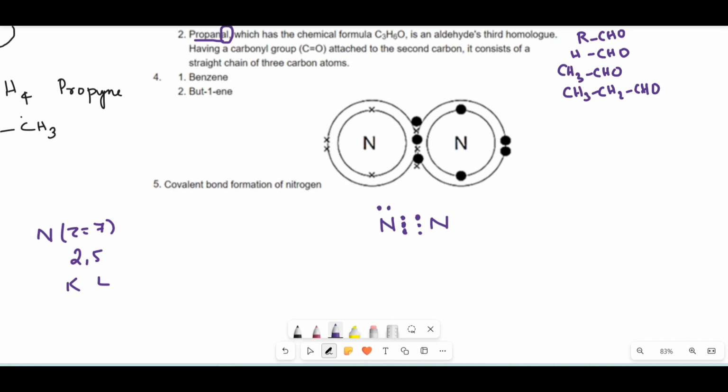The remaining 2 will be in this way. Okay. So this is the nitrogen-nitrogen bond formation, N2 molecule. Nitrogen-nitrogen bond is a triple covalent bond, N2. Next question.